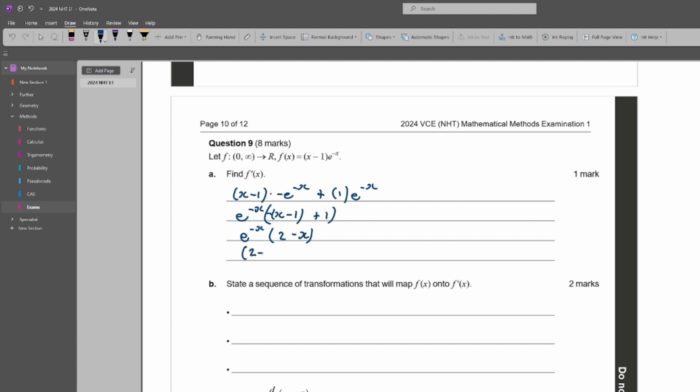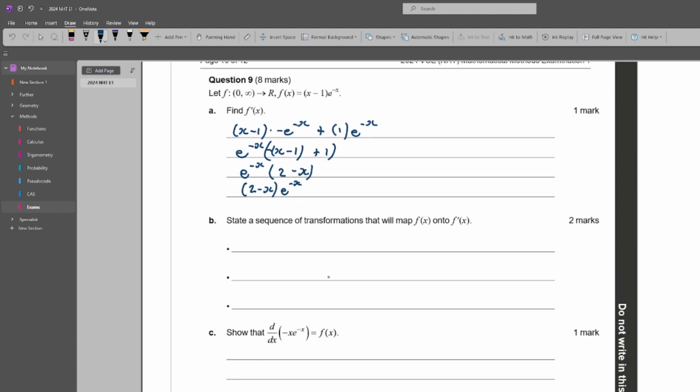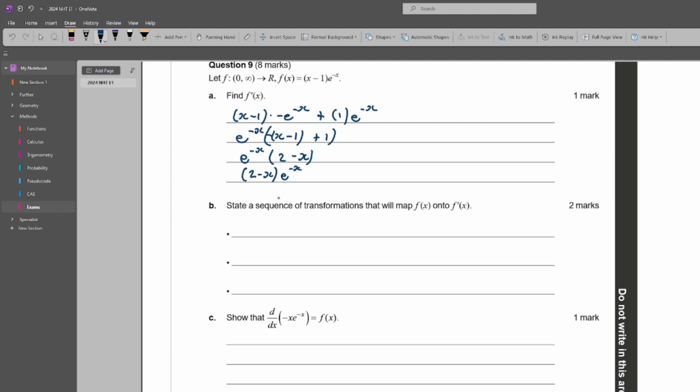Or we can write (2 minus x) times e to the negative x to put the polynomial bit first.